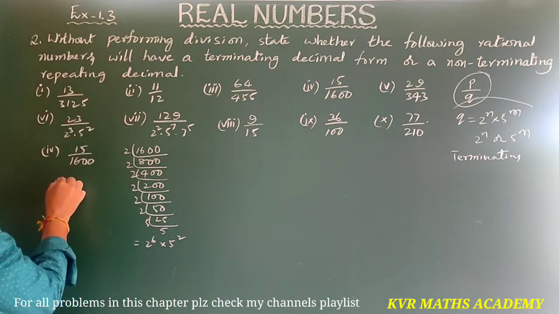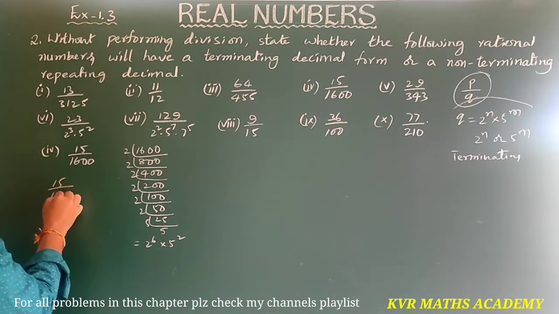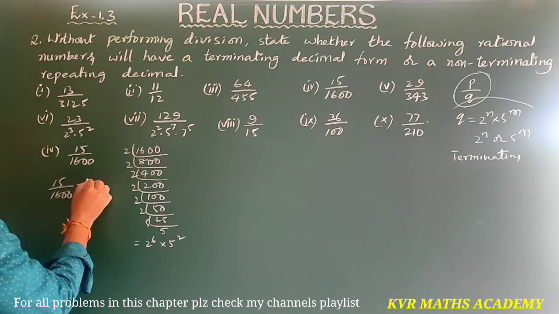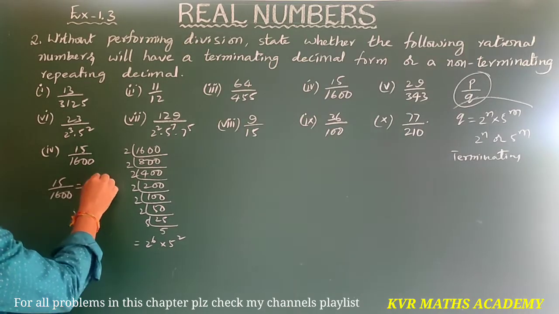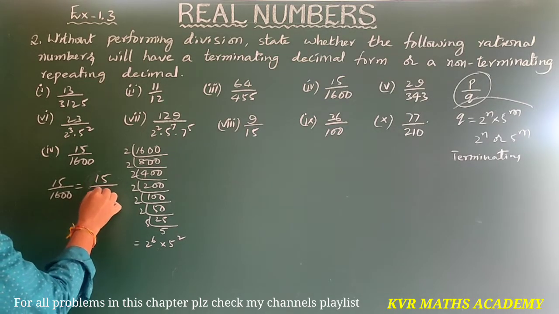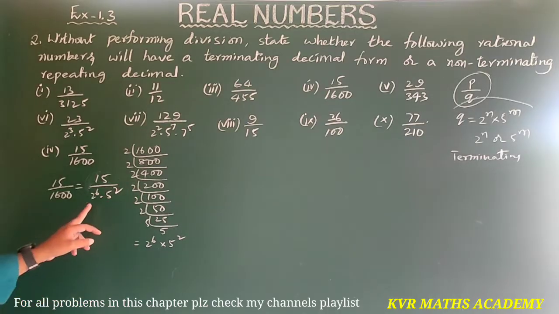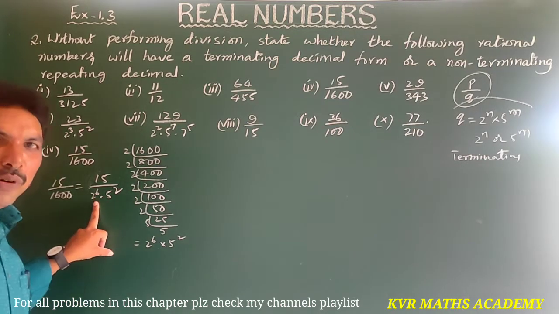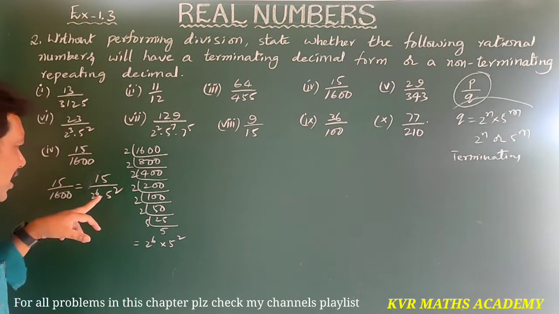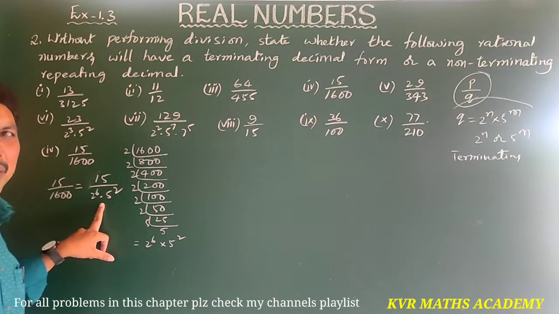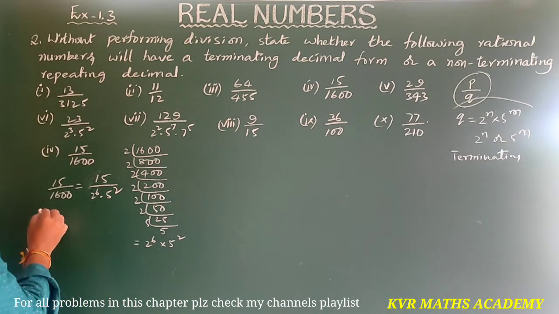So 15 by 1600 is equal to, how can you write? 15 by denominator is 2 power 6 into 5 square. See, clearly it is in the form of 2 power n into 5 power m. So that's why it is terminating decimal, right? Yes.